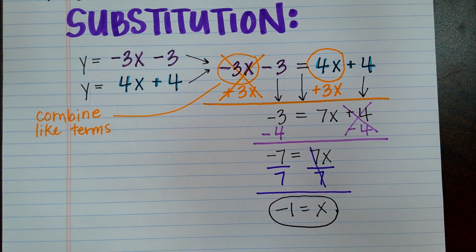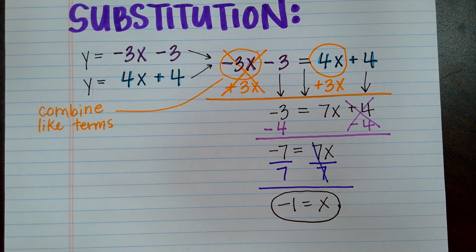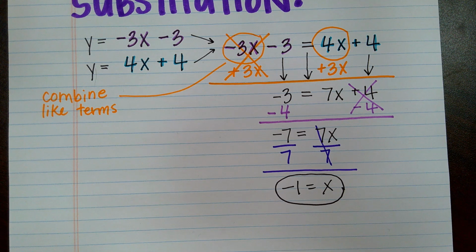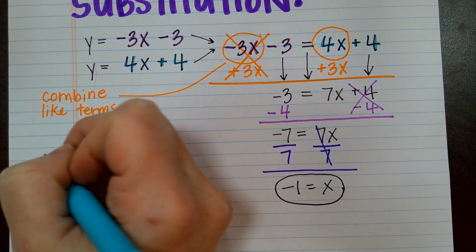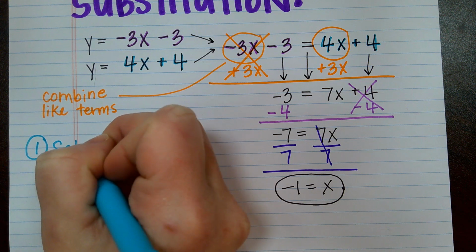So if x is negative 1, then I'm going to write here, let's make a little step. I'm actually going to annotate this. Sometimes I say things and then you understand it in the moment, and you look at your notes later and you're like, what did he do here? So we solved for x.